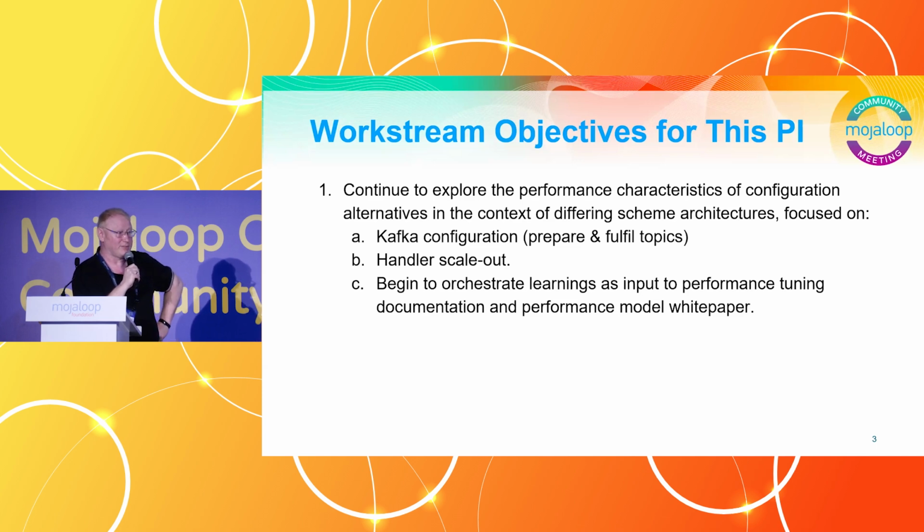In particular, we're focused on the configuration around Kafka and the topology of prepare and fulfill topics and the scale out of the handlers that deal with the messages being published onto those topics. So as I said, we've begun to orchestrate those learnings as input into a model to understand how Mojaloop performs under various different configuration scenarios.